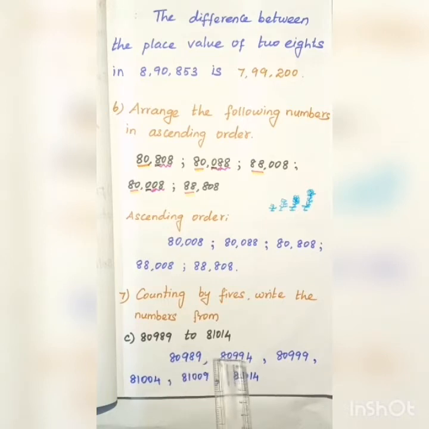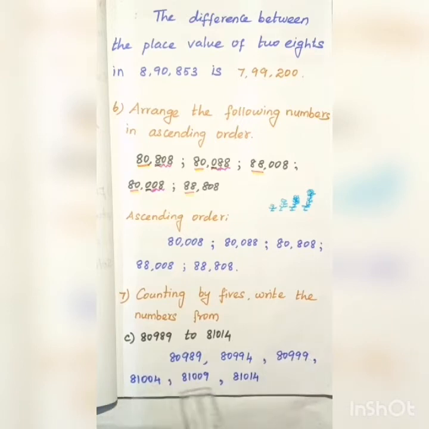So 80,989 plus 5, you get 80,994. After you add 5 to this number, you get 80,999.